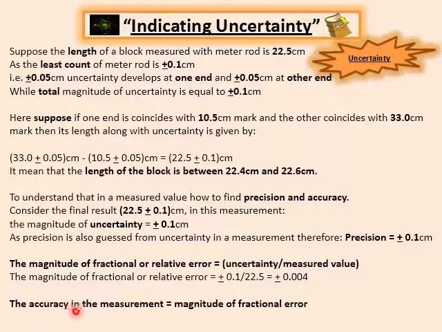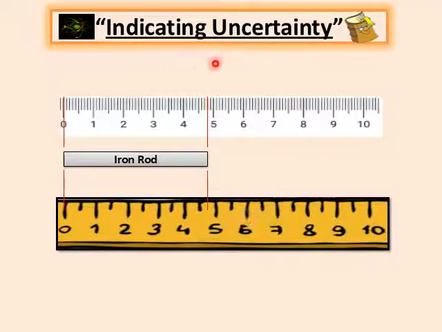Now the accuracy in the measurement is equal to the magnitude of the fractional error. So the accuracy in the measurement is plus minus 0.1 divided by 22.5, which is equal to plus minus 0.004. Now students, here I just wanted to indicate what the uncertainty is.